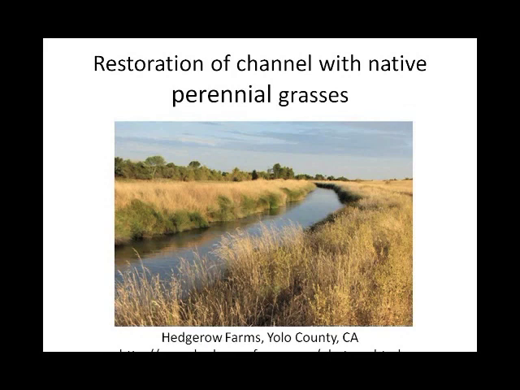What you see along the immediate side of the waterway are carex, sedges and rushes, native species, some deer grass, some native perennial purple needlegrass, some grindelia. And this restoration is really effective in supporting the edges of the channel.